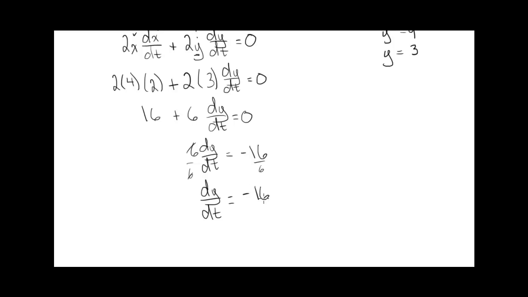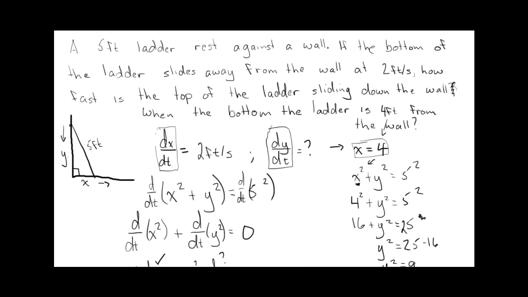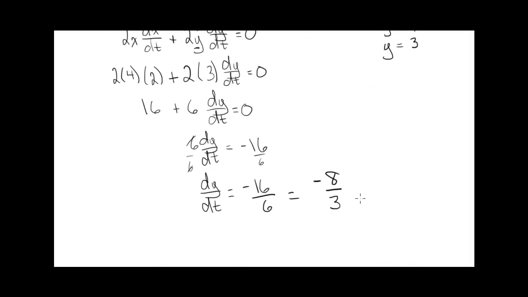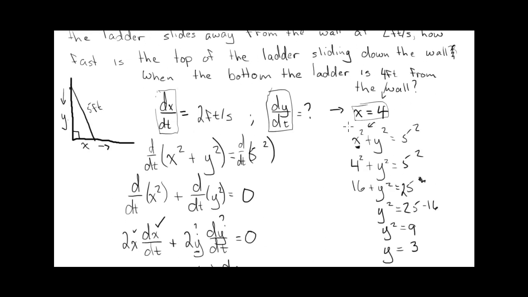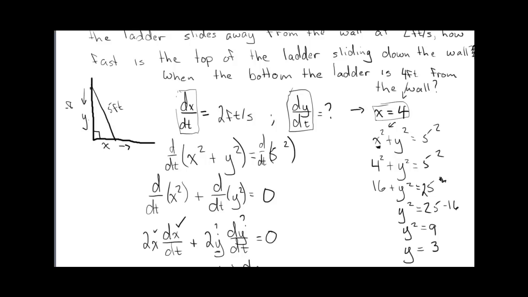So minus 16 over 6 would be minus 8 over 3. And then the units on that, I forget what we were, feet per second. So minus 8 over 3 feet per second. So we're sliding down the wall at minus 8 over 3 feet per second.